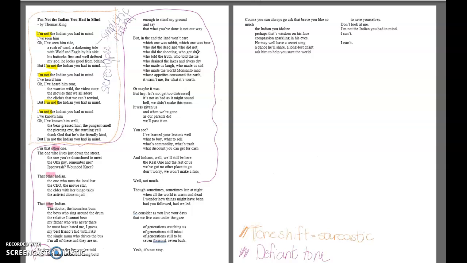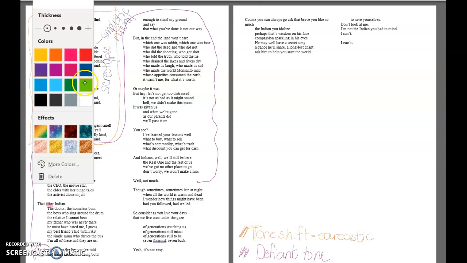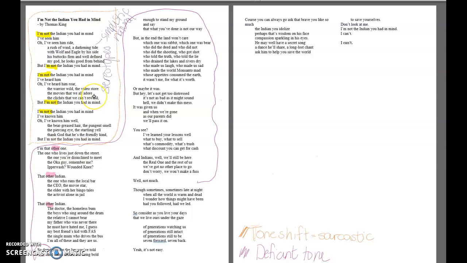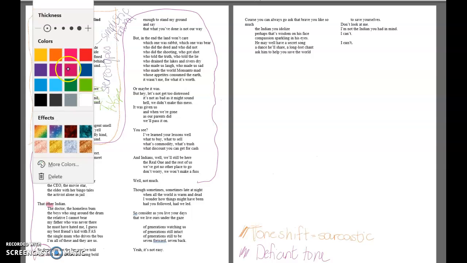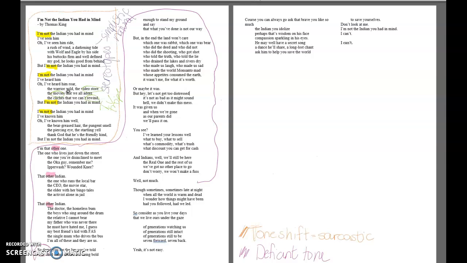The second one, there are lots of words that have to do with movies. So we've got video store, literally movies, rewind. So we can tell that one has to do with the TV trope. And then the last stereotype that he goes into is thinking about the Indigenous person as a savage.